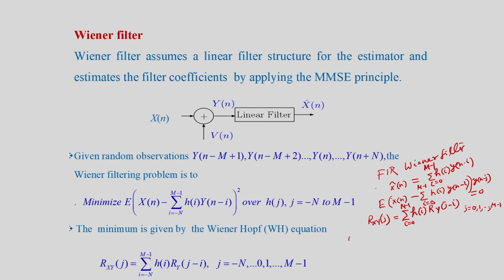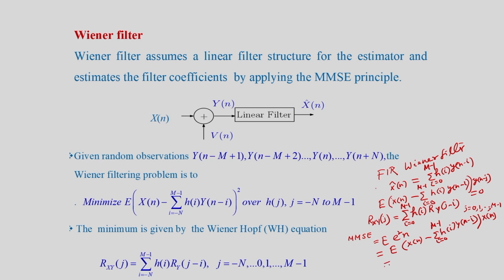The MMSE, minimum mean square error, is given by E of e square n, and this is the same as E of (xn minus summation hi yn minus i, i going from 0 to M minus 1) into the error, times x of n, because the remaining data are orthogonal to this error.